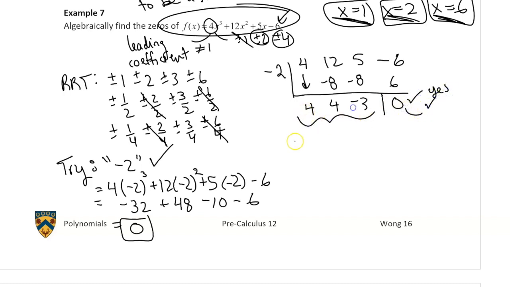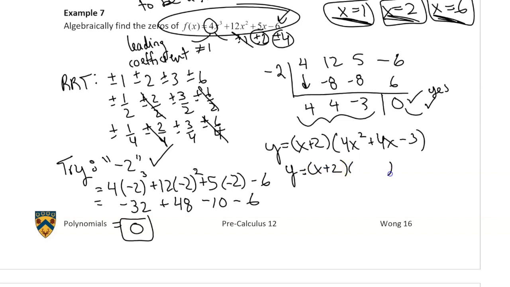And we're left with something that's going to say 4x squared plus 4x minus 3. Okay, so if we're saying solve this, we now have a trinomial, and then we're going to have to factor that 4x squared plus 4x minus 3 to pair up with the x plus 2.